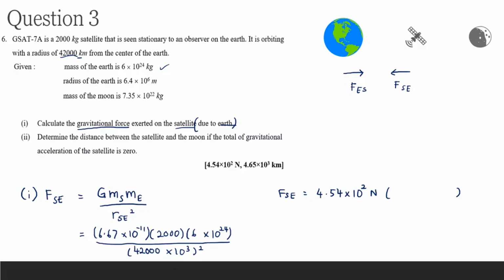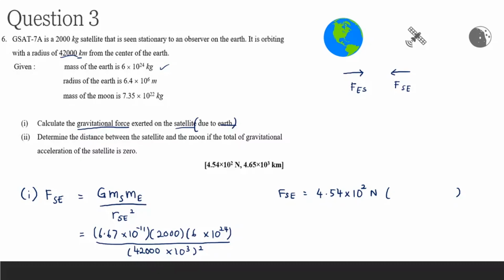Dia kata forces kita, magnitude dia exactly equal. Kalau FSE 4.54 exponent 2, FES bila kita kira kita akan dapat answer yang sama. Cuma direction mereka opposite.